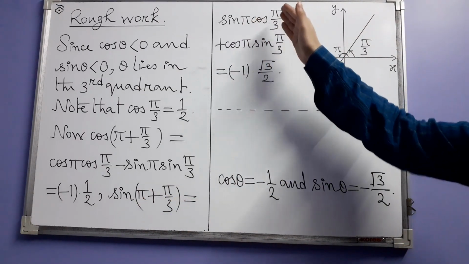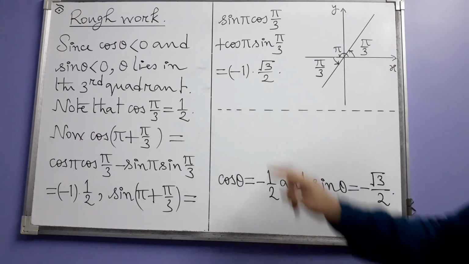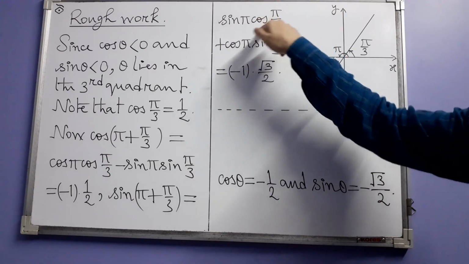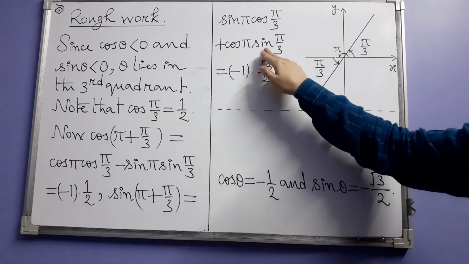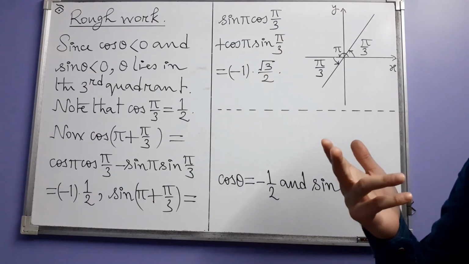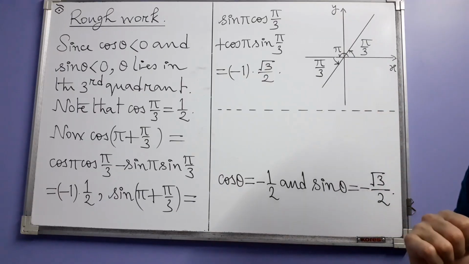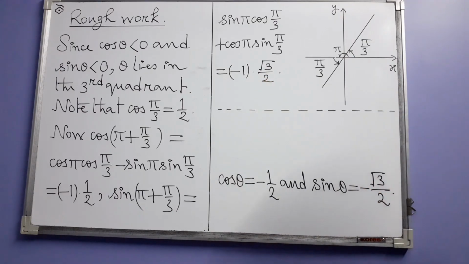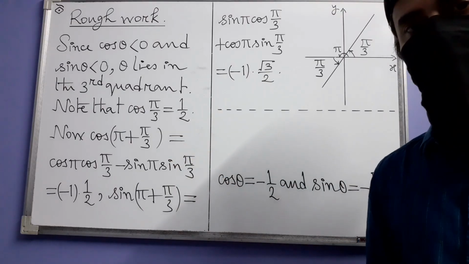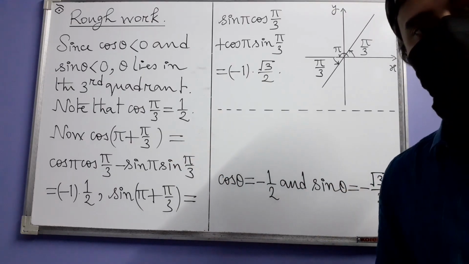Similarly, sin pi cos pi over 3 plus cos pi sin pi over 3. Because sin pi is 0, this term vanishes and here you get -1 and sin 60 degree or sin pi over 3 radian is root 3 divided by 2. So you are getting this one also. So yes, this is one value of theta, which is pi plus pi over 3.